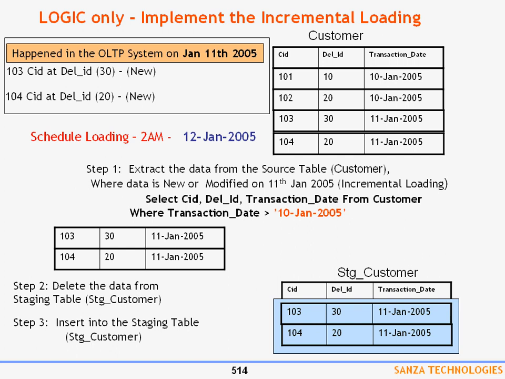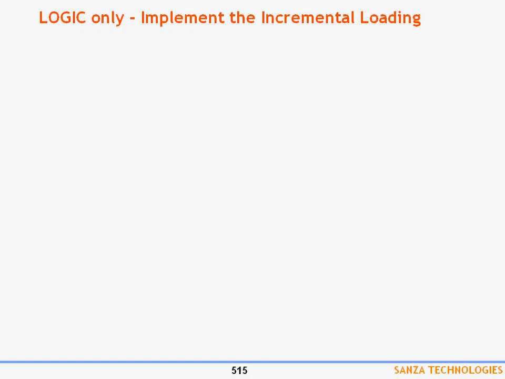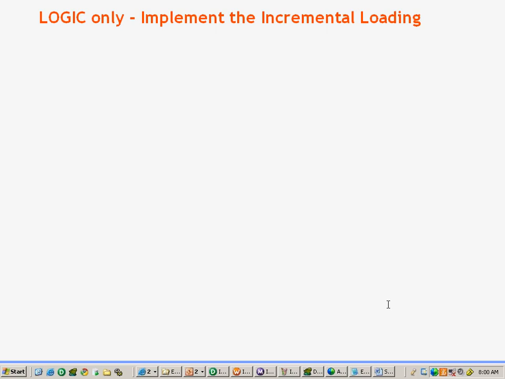Next time when I execute it, I will say greater than what? Greater than what was loaded previously; that is what I will say in my source qualifier. Are you with me please? Greater than what was loaded in my staging table by the previous load.